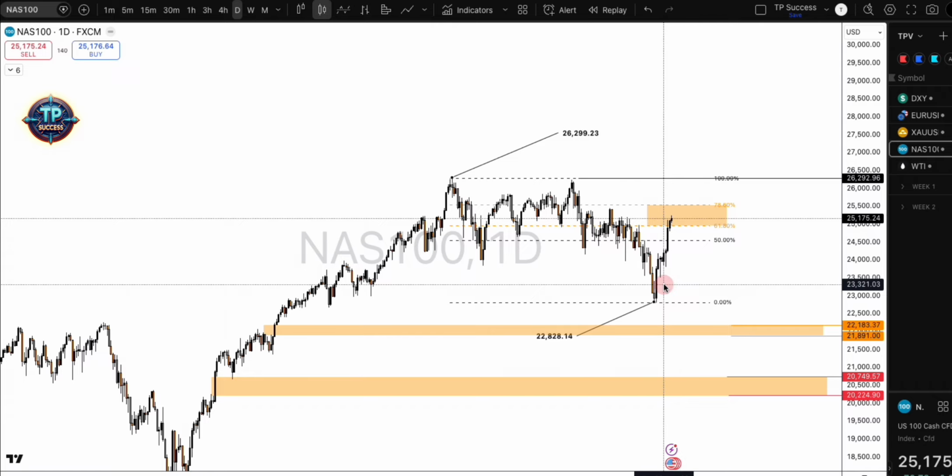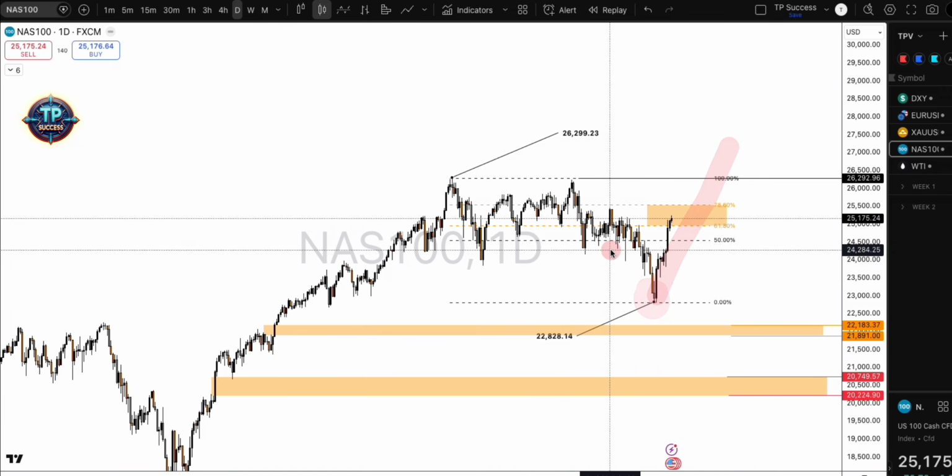If it takes off from this zone right here and rises to the upside, then last week's analysis would have been inaccurate, which is fine. I don't profess to give perfection in my analysis, but what I do profess is that I will give the absolute best analysis that I can, based on what I'm seeing and how I'm seeing it.